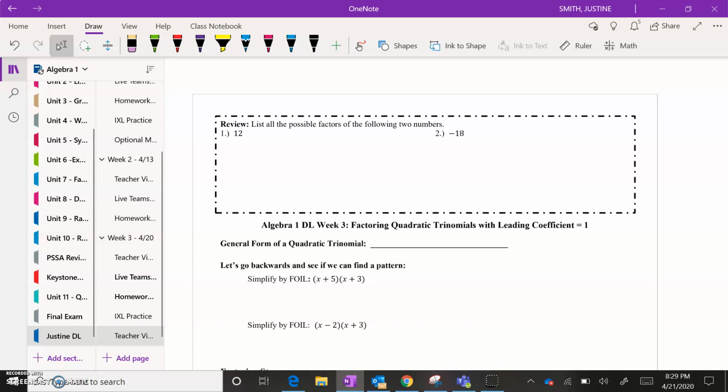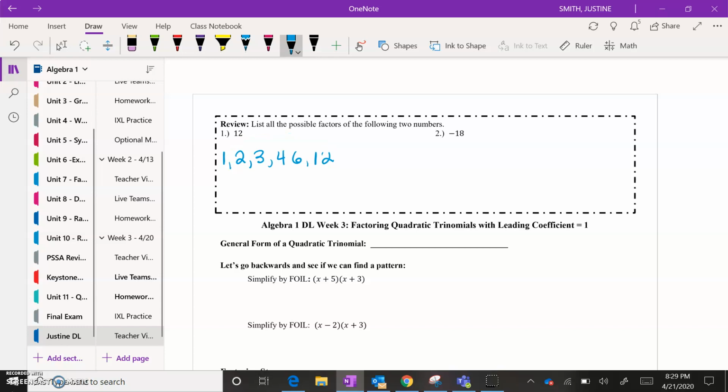So first thing, we're just going to review finding factors. It says list all the possible factors of the following two numbers. For 12, we can write the factors here, 1 and 12, 2 and 6, and then 3 and 4. So that's that rainbow method, 1 times 12, 2 times 6, 3 times 4, so that we can list all the factors there.